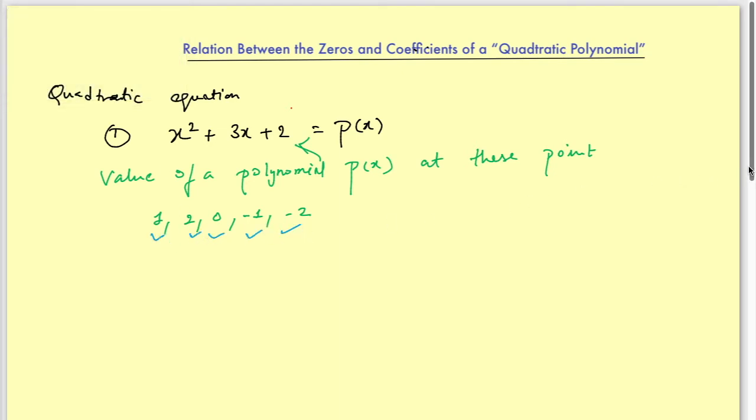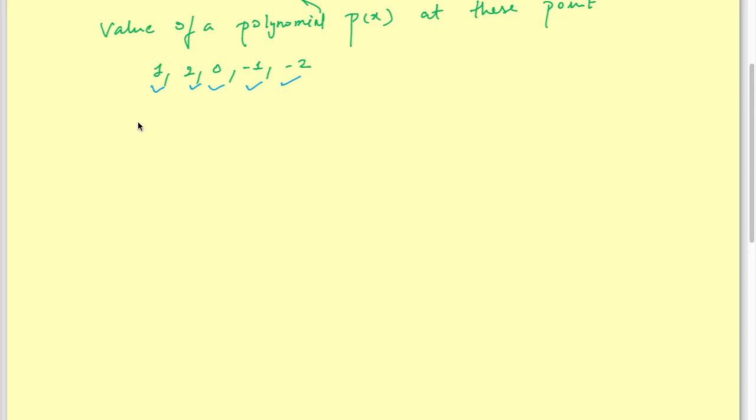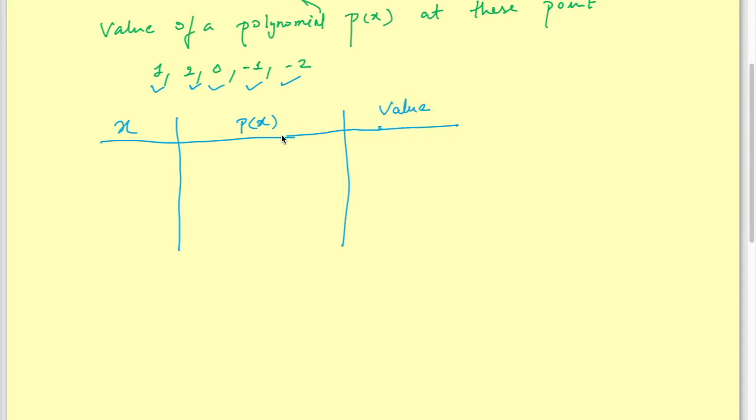So let us plot it like this. Let us say this is my x and this is my corresponding p of x, and this is my value at this particular value of x. So let us move sequentially.